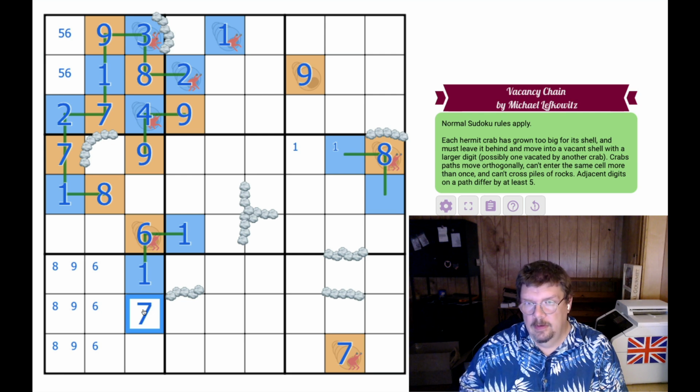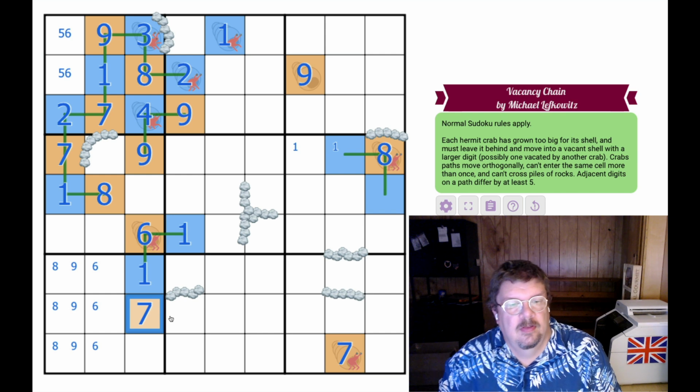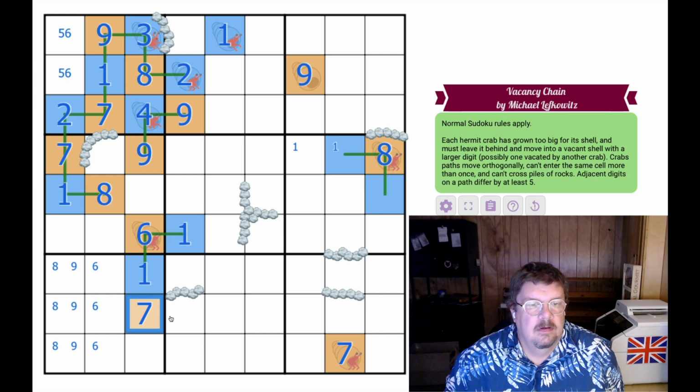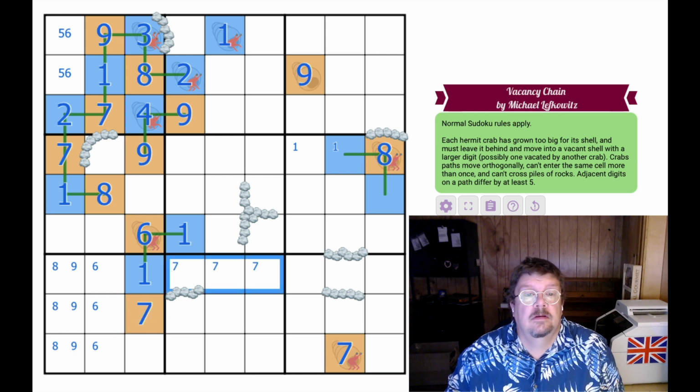I'm going to mark it orange because then it's often easier to see, even though I don't know if it's on the line or not. That puts a 7 in one of those 3.